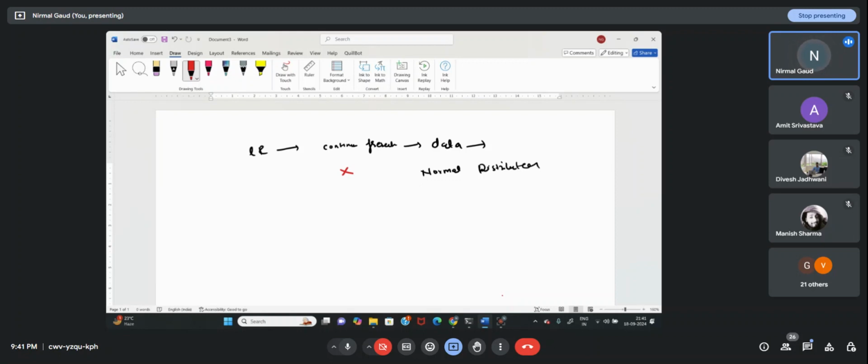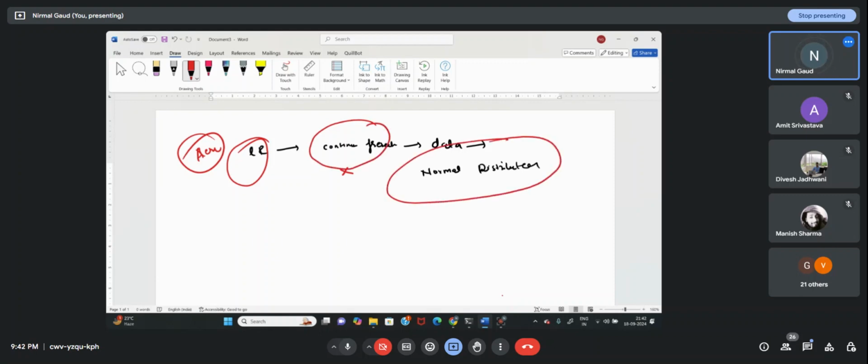So I just want to alert you at this particular point. Don't apply an algorithm directly unless you know what the requirement of the algorithm is. Don't apply data to any algorithm directly. There are rules before applying data to a model. And if you are applying LR, linear regression, it says that your continuous features have to be normally distributed.